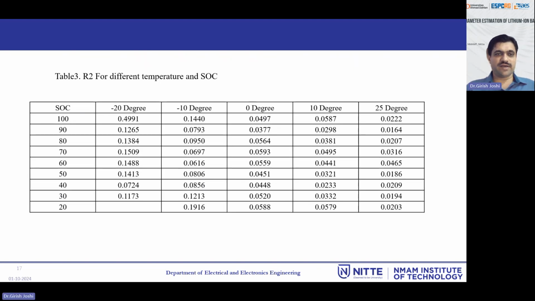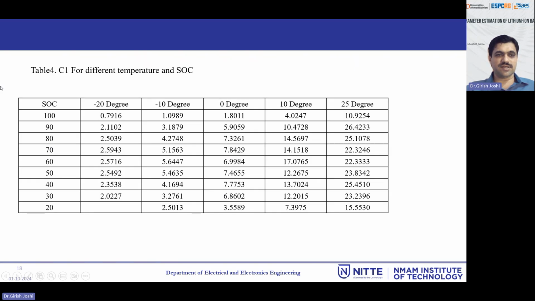Similar is the effect that we can see in R2. But when it comes to the capacitances, for a particular temperature, as the SOC is decreasing, the capacitance, which is in farads, is increasing. Whereas for a given SOC, as the temperature is increasing, the capacitance is increasing.